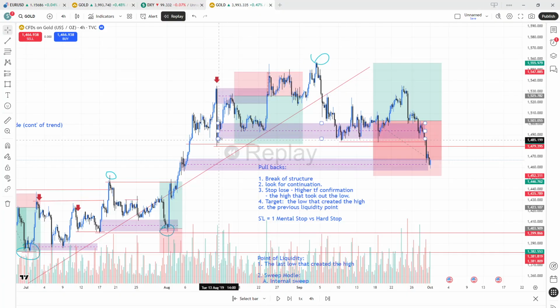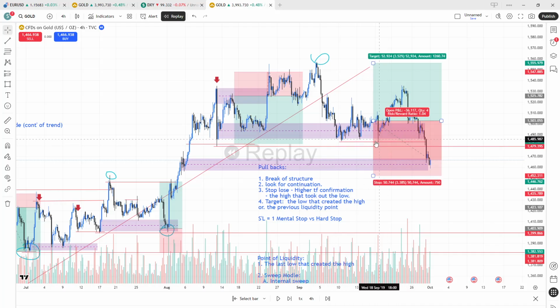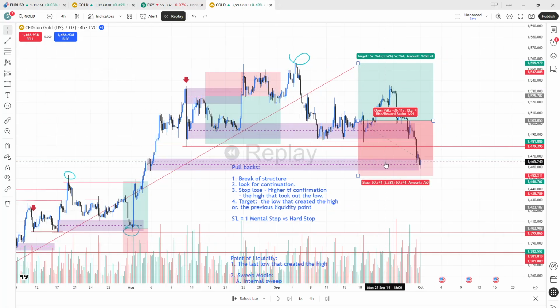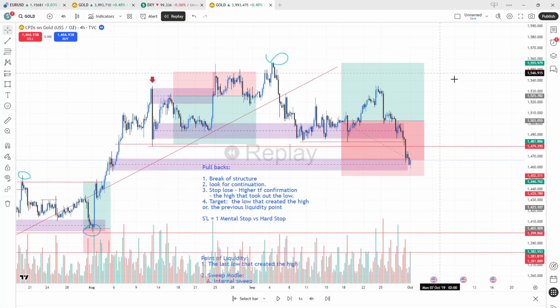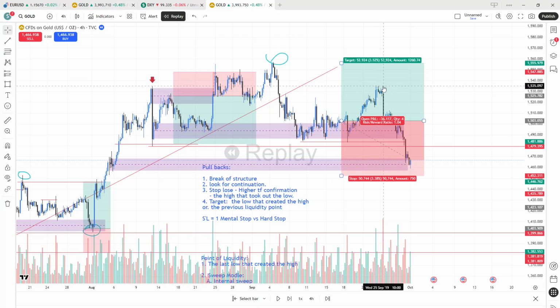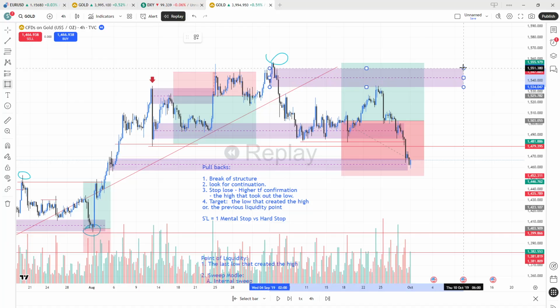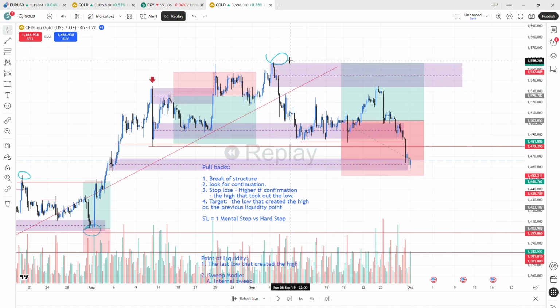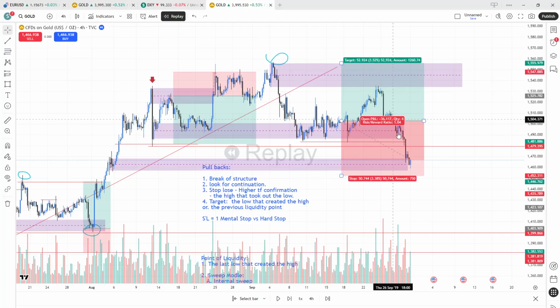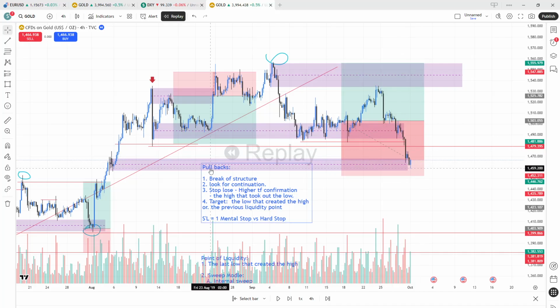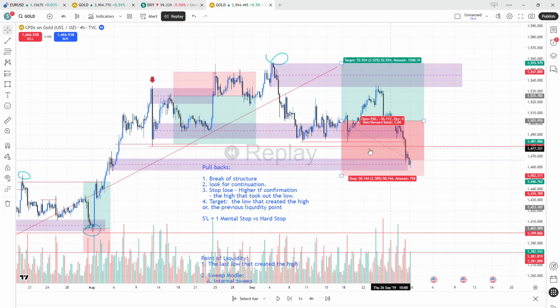But once price came even here and created the sweep, it did create this strong move up. However, somewhere around here there was an area of resistance. This area of resistance is something that is pulling price back down, right?